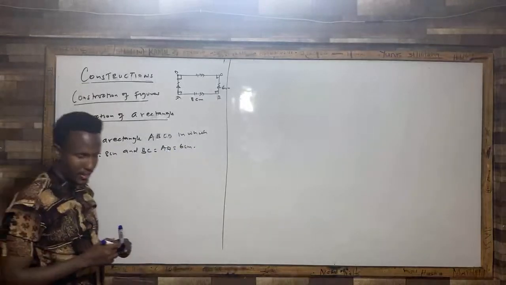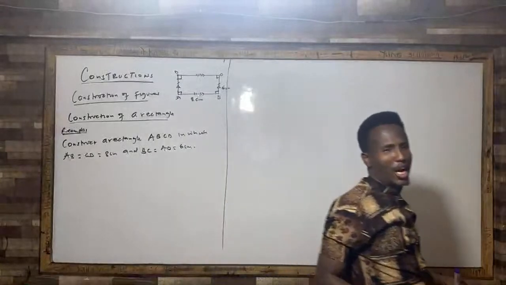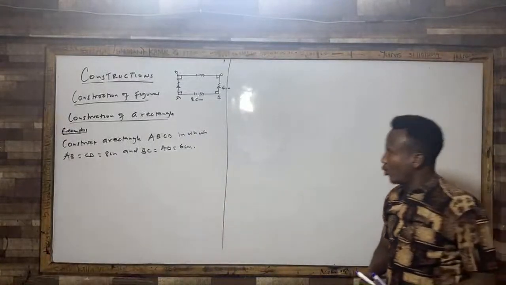But I know that each interior angle of a rectangle is 90 degrees. So what do I do now?